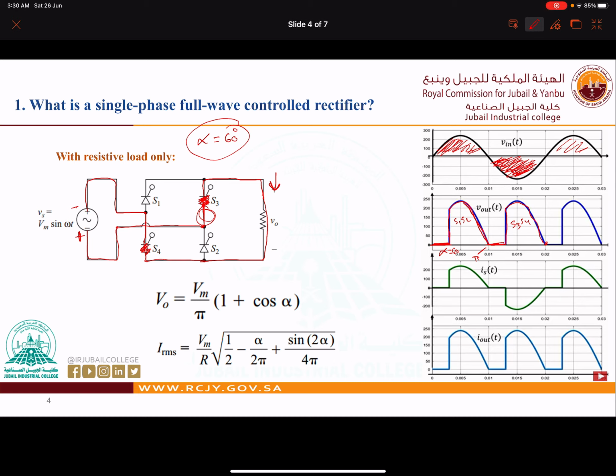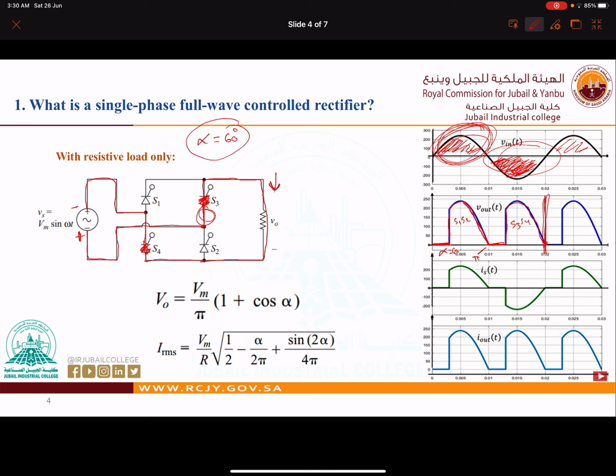This is one cycle. That's why it is called a full wave bridge controlled rectifier, because we are converting both the negative and the positive cycle. In the half wave rectifier, we are rectifying only the positive cycle, but in the full wave bridge we also convert the negative cycle.